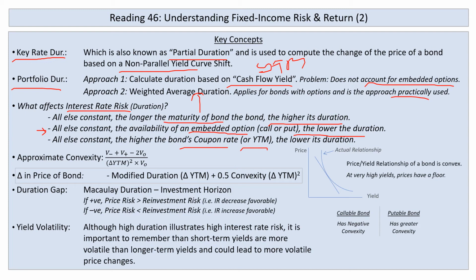Now let's say that YTM on the bond is 1% and YTM increases by another 1%, well, that 1% increase would have a large effect on the bond's duration. This explanation all proves the point that the lower the bond's YTM or coupon rate, the higher its duration. The higher the bond's coupon rate and YTM, the lower its duration or sensitivity to interest rate changes.